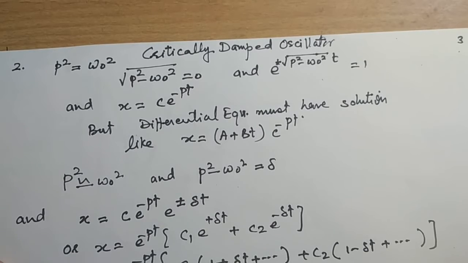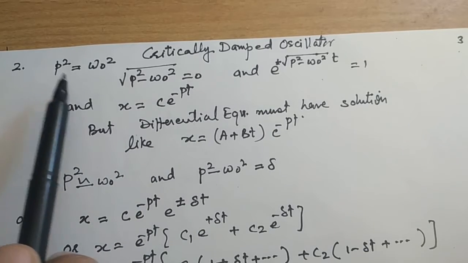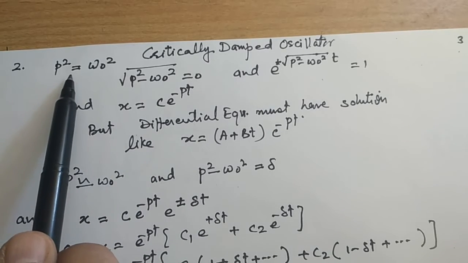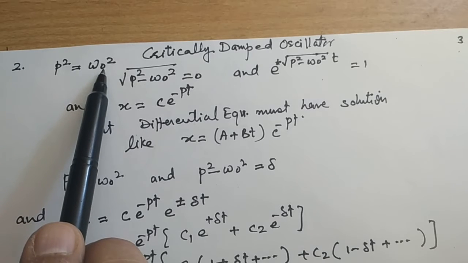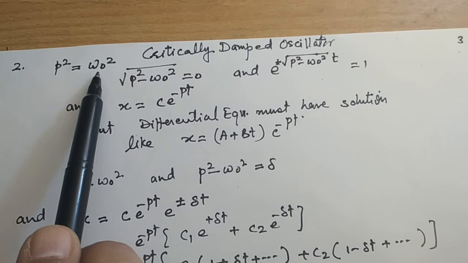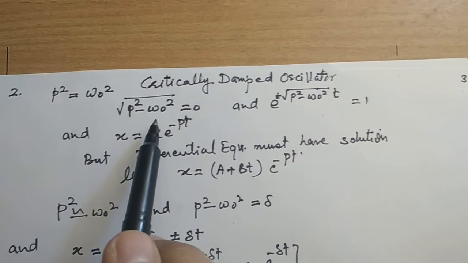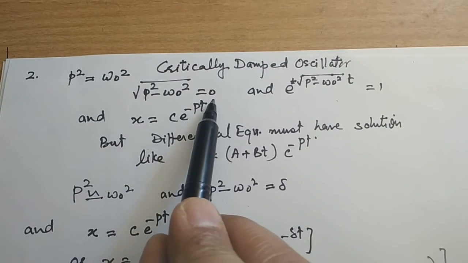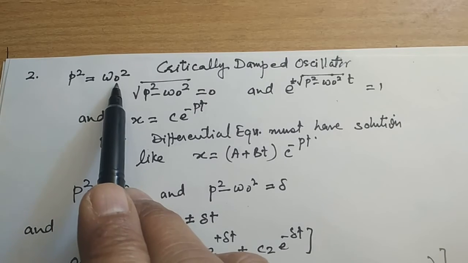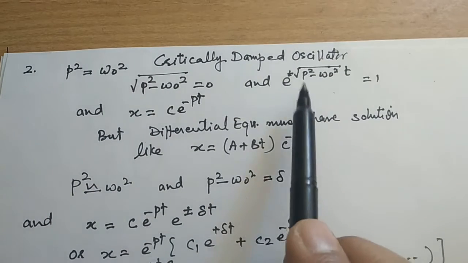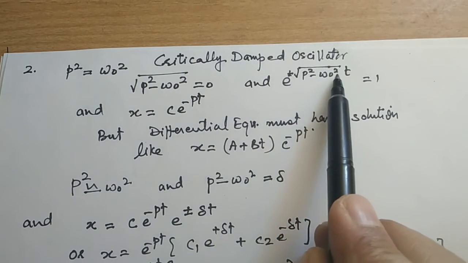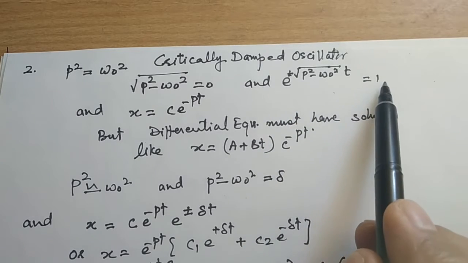Now the second case is when p square is equal to omega naught square. In this case, when we take p square minus omega naught square, it will be equal to 0 because they are equal. And if it is 0, then naturally e to the power root of p square minus omega naught square is e^0, equal to 1.